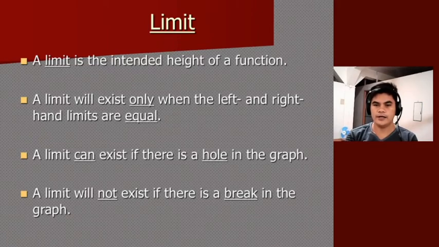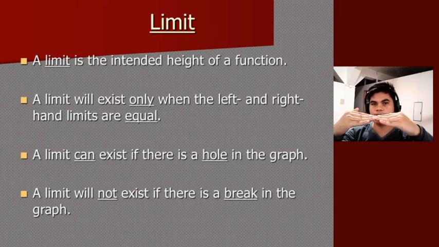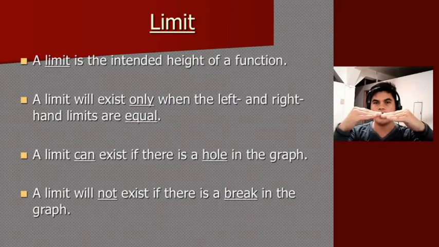Then number 3, a limit can exist if there is a hole in the graph. A limit will not exist if there is a break in the graph. So, in short, if the graph meets from the left and from the right, then the limit exists. Okay?